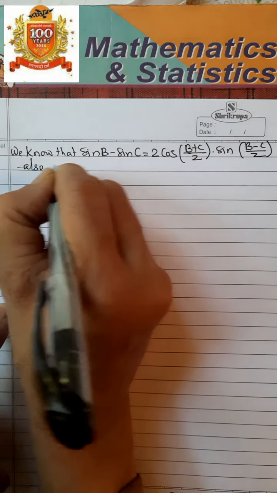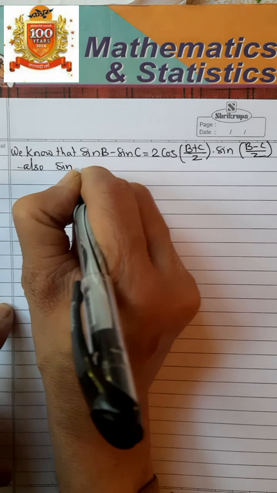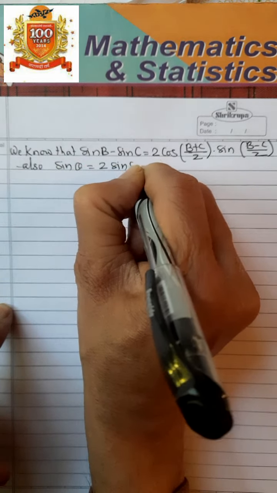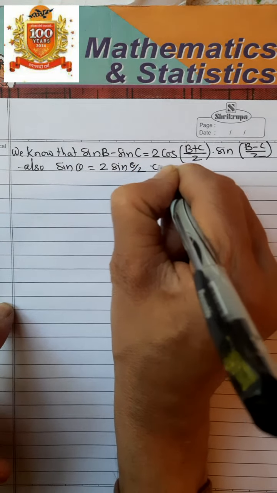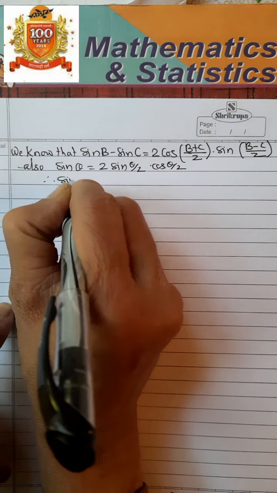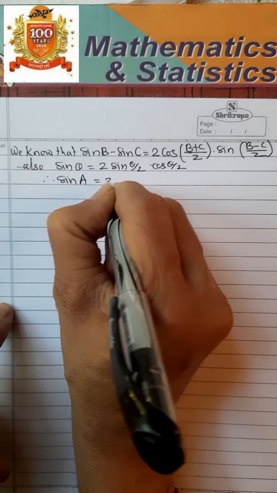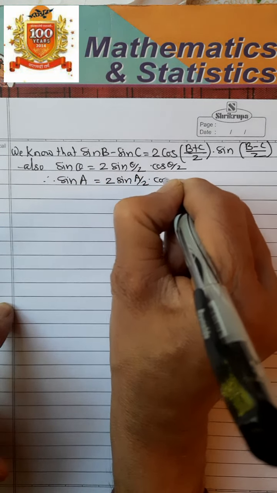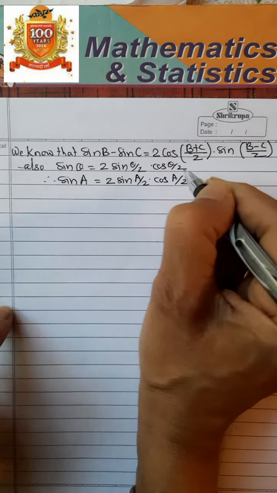Also, sin theta is equal to 2 sin theta by 2 into cos theta by 2. Therefore sin A is equal to 2 sin A by 2 into cos A by 2.